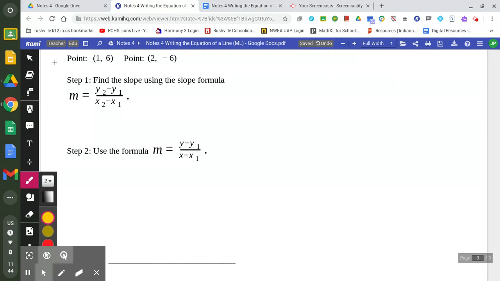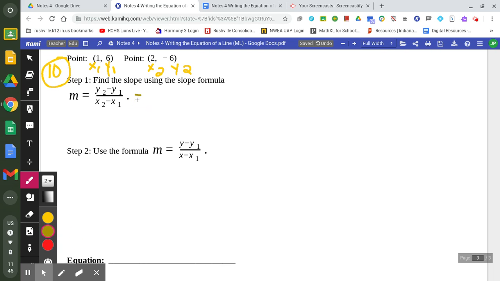Okay, number 10 is just like number 9. I have x1, y1, x2, y2. And again, I must find the slope first.